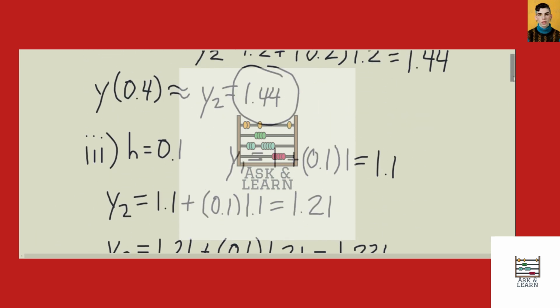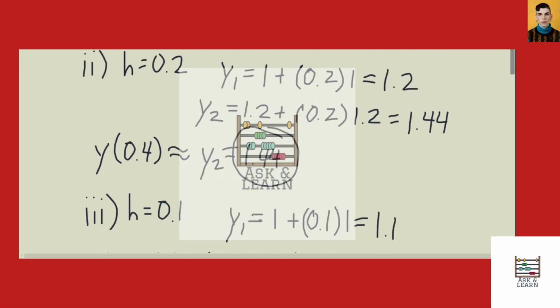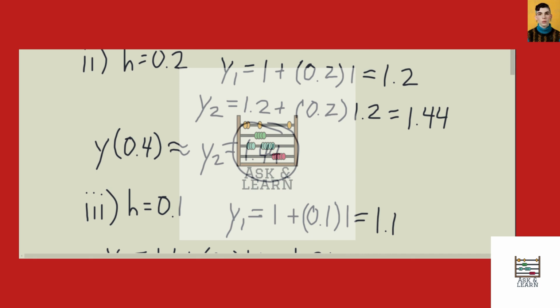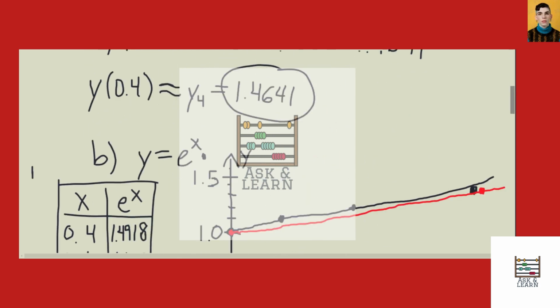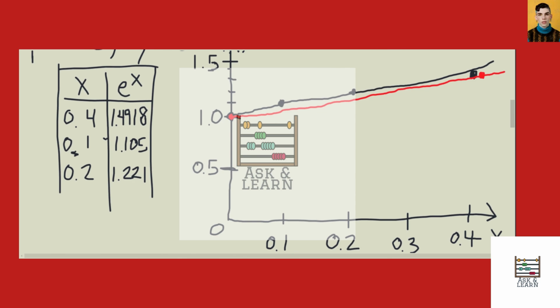Graph our function from part 2. I'm going to graph it in green. So we have that again, point x0, y0 is the point 0, 1.